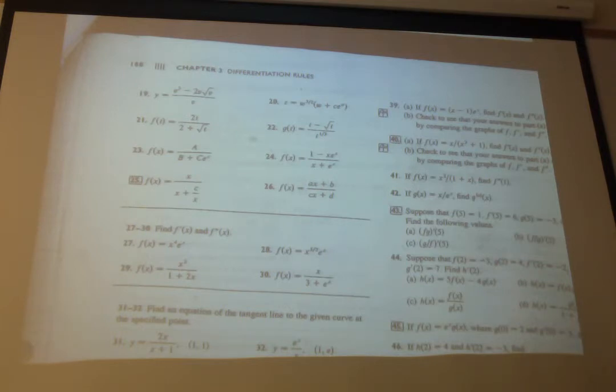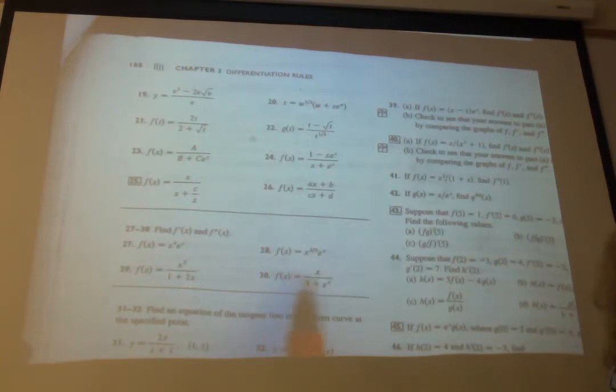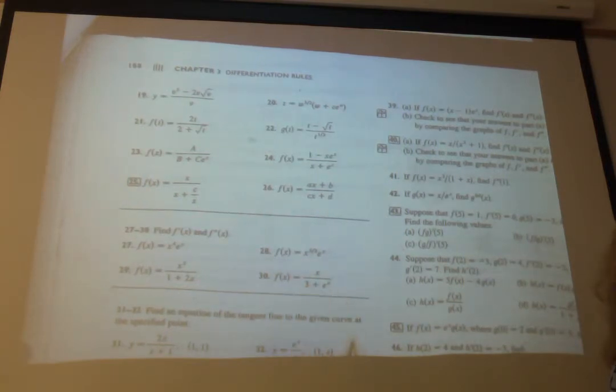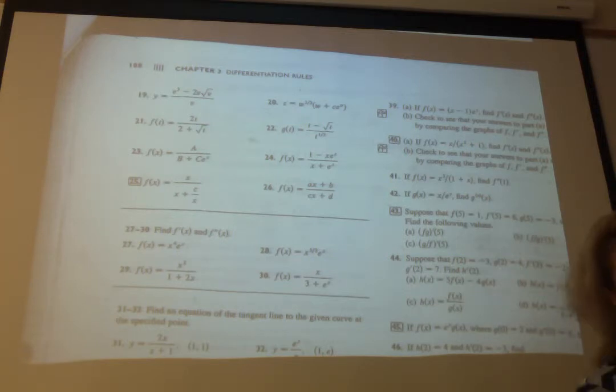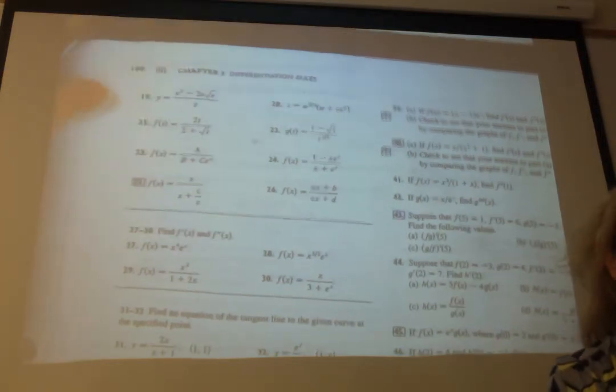Is there somebody? Because this doesn't look too difficult to use the product rule. So I will let people finish this, not at the moment, but you will get to work on it.